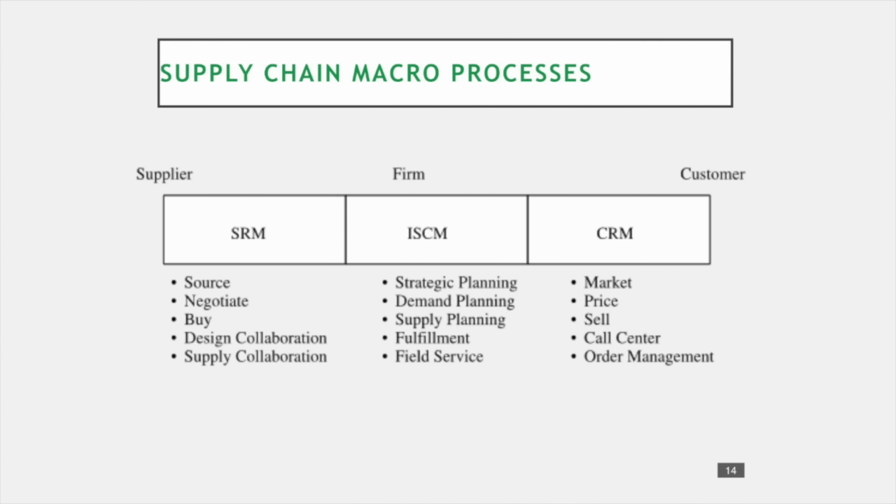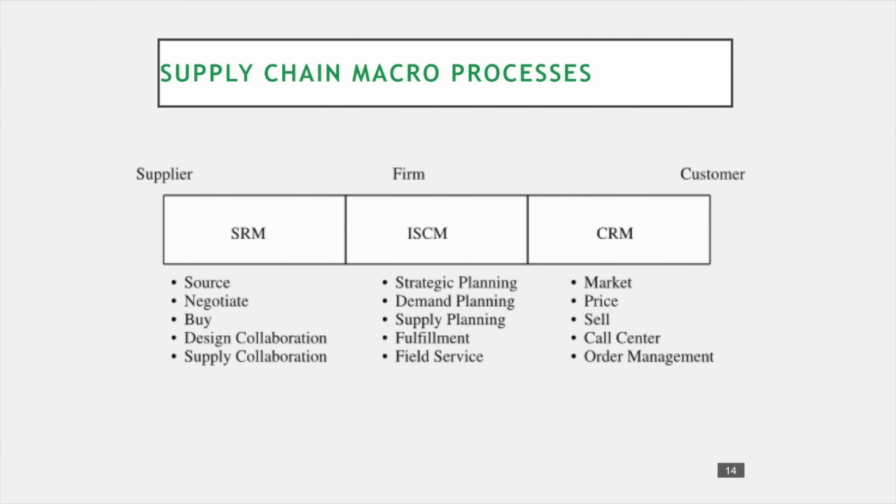So in many companies, you may see that CRM is mostly managed by marketing people, ISCM is mainly handled by manufacturing, and SRM is mostly handled by the purchasing department. Because these are three different departments, sometimes communication gaps can occur, and that can create a lot of difficulties for efficiently running the supply chain.